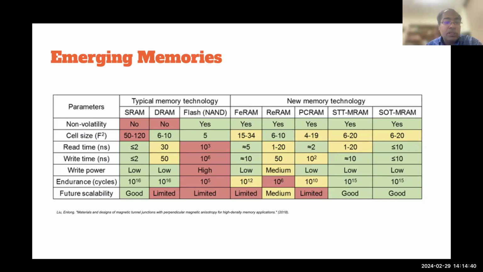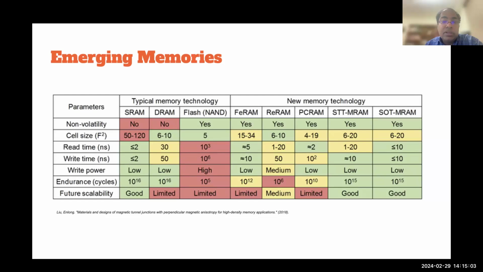And in terms of scalability, some of the emerging memories are already achieving what an SRAM could do.